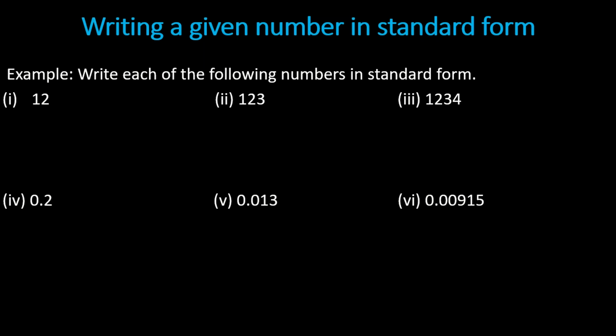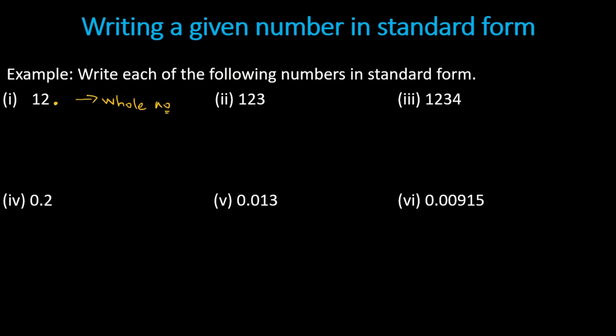Right? Now, the number 12 is a whole number. Yes or no? Number 12 is what type of number? Whole number. And you know, for all whole numbers, where is the decimal point found? It is found completely at the end.